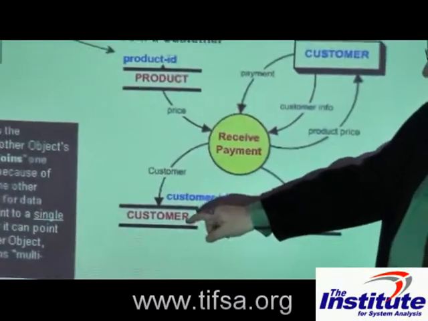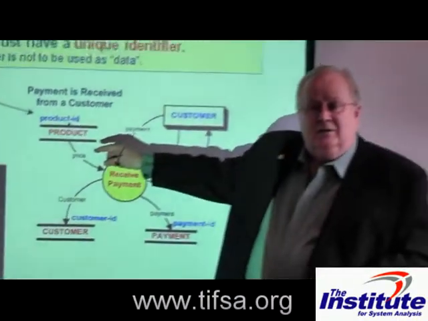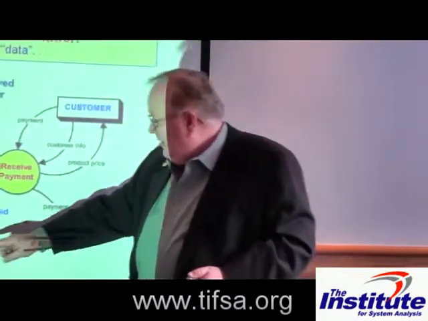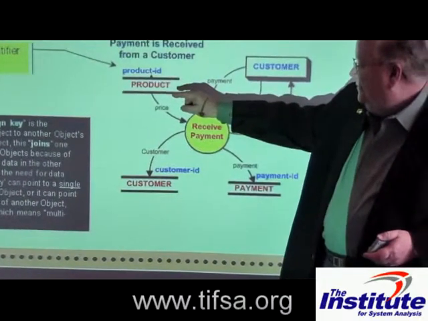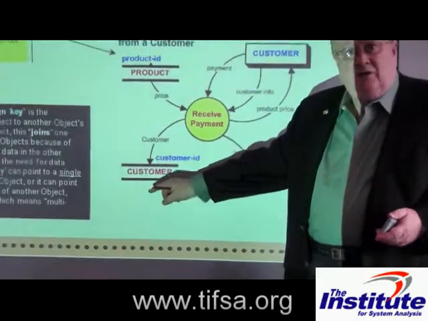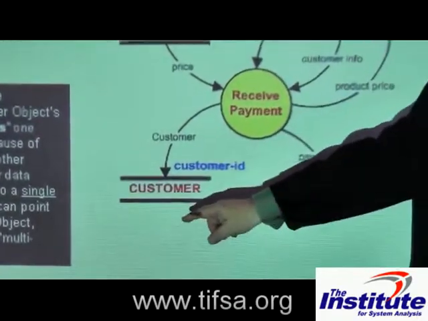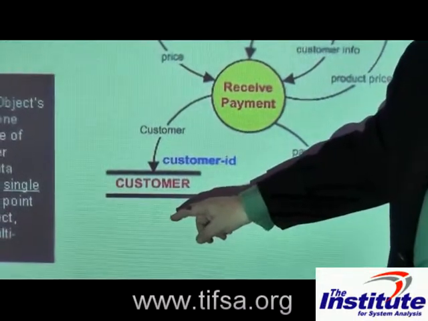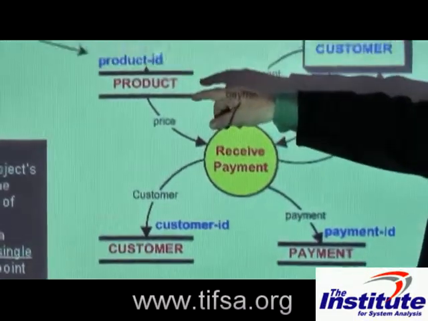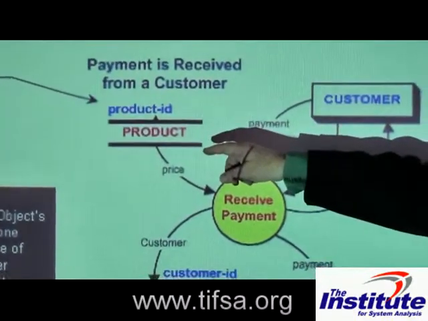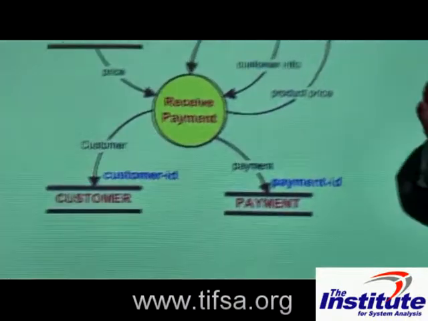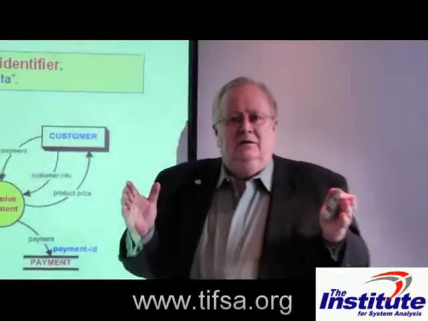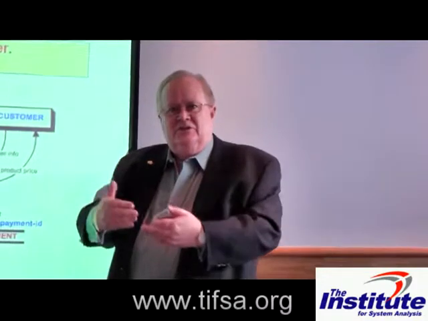So if I want to be able to connect the customer record to the product or the products that the customer has bought, I would have product ID, which is the unique identifier of the product, and I would have that as a foreign key or a reference point to that other object inside this object called customer. And because there may be several products that are purchased by the customer, I would put product ID pointing to the product, and I put MV behind it, meaning multi-valued. Now, multi-valued, or MV, means that there's a variable number of instances or occurrences.